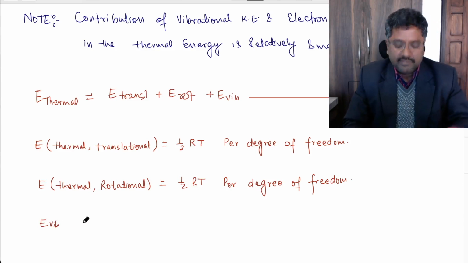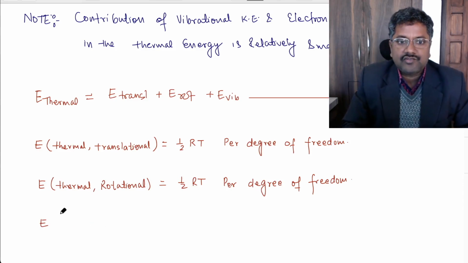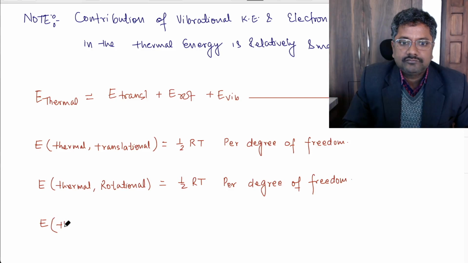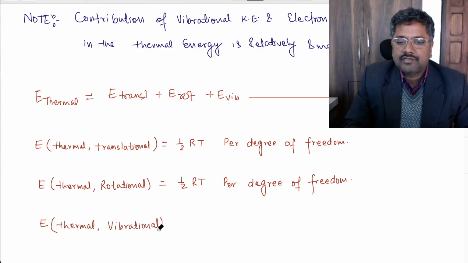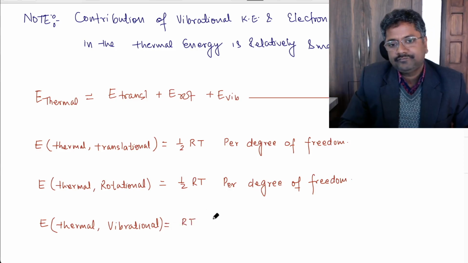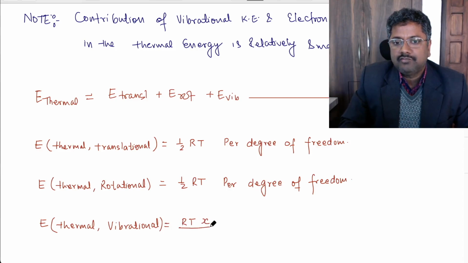E thermal vibrational is equal to RT into x by e to the power x minus 1.